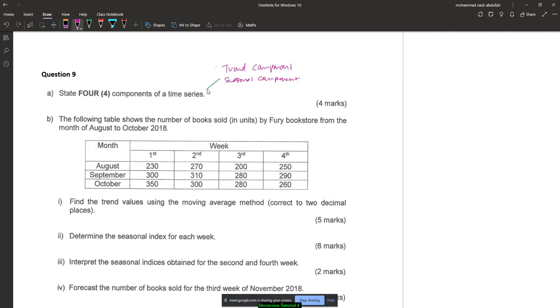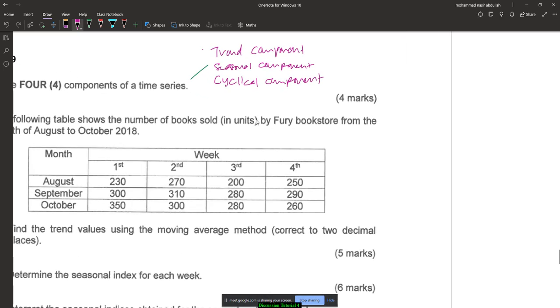T is for trend, S for seasonal, C for cyclical component, and then kita ada I is irregular component. Right, this one is 4 marks lah.